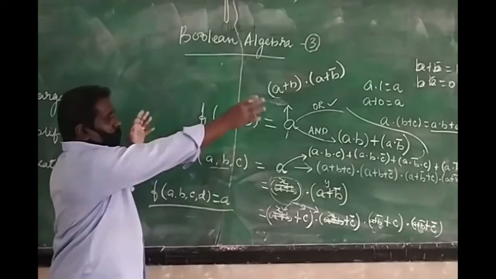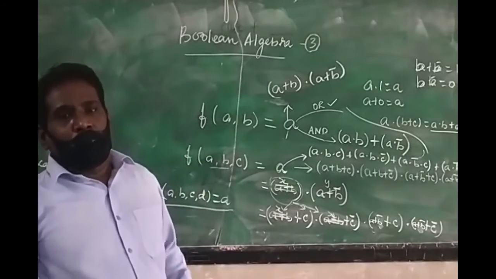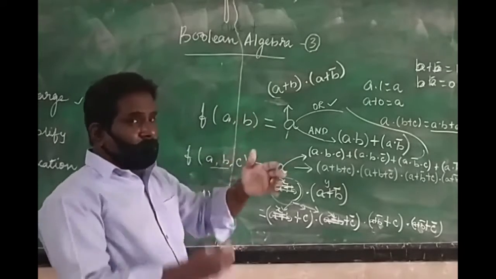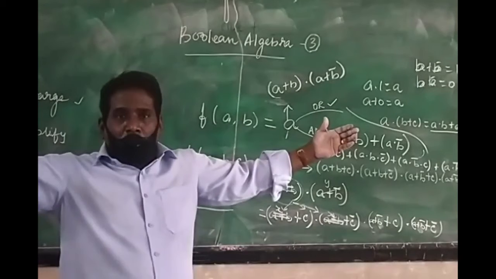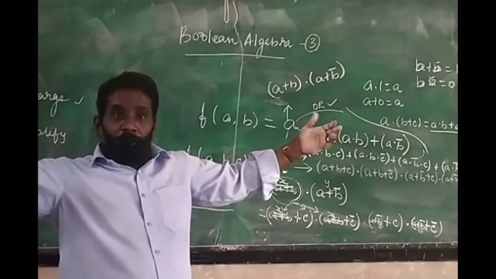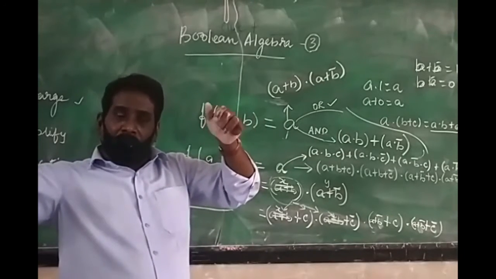So this is the power of rules, the power of theorems. With the help of theorems we are able to enlarge a small expression into a very big one, in OR operator form or in AND operator form.